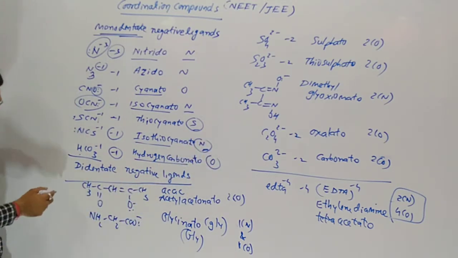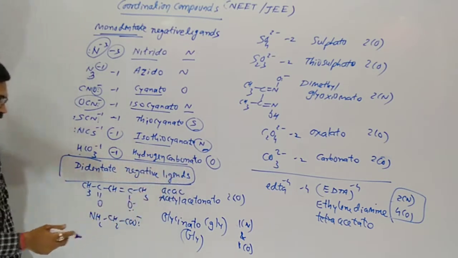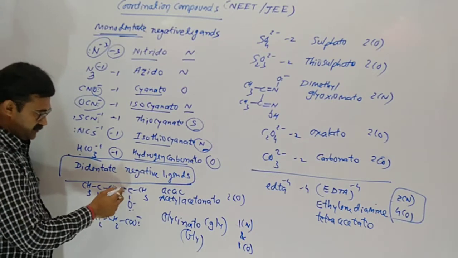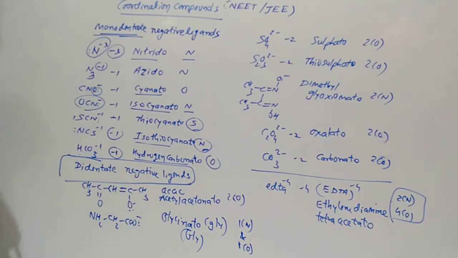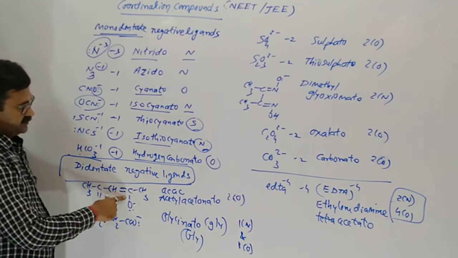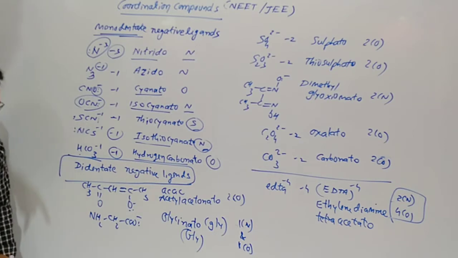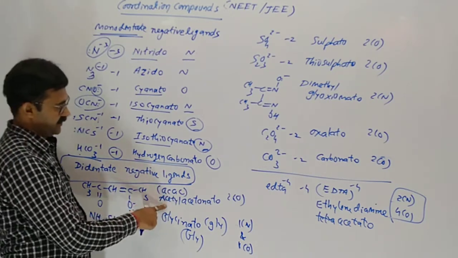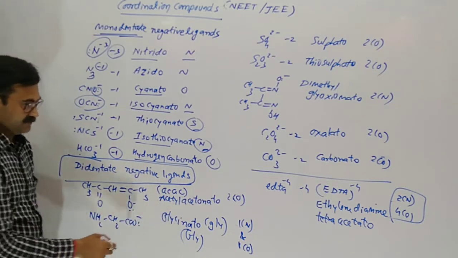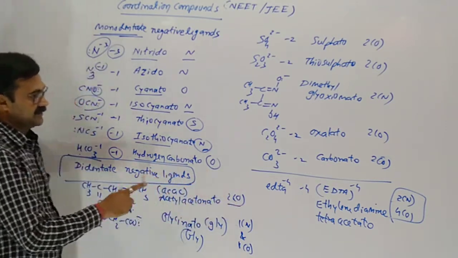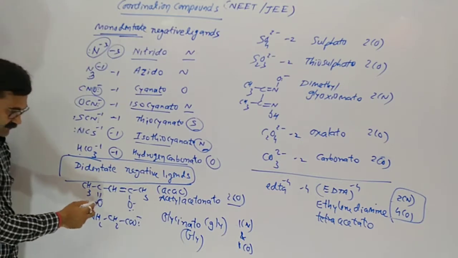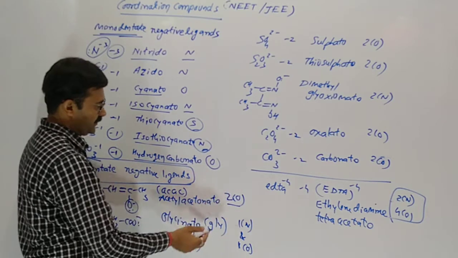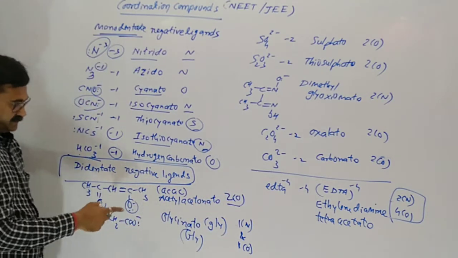Now didentate ligands. Some of the ligands are not given in our book, so consult here: CH3COCHCOCH3 is given. As a salt form it is acetylacetonato. Here 2 oxygen atoms mean didentate; both donate at a time and make 2 coordinate covalent bonds with the metal.